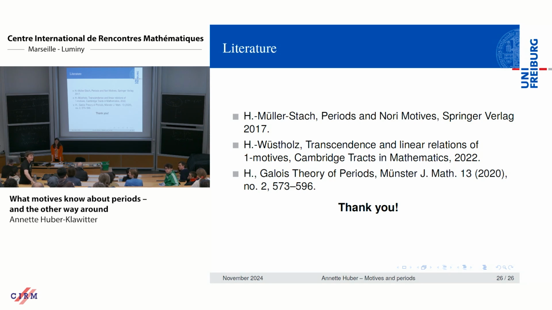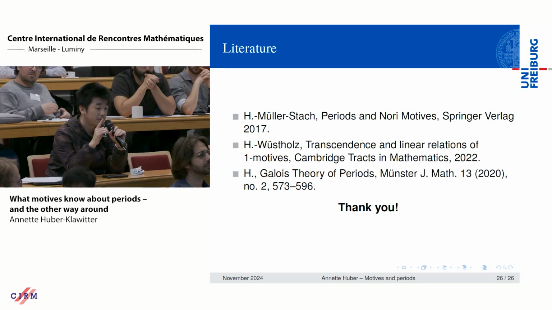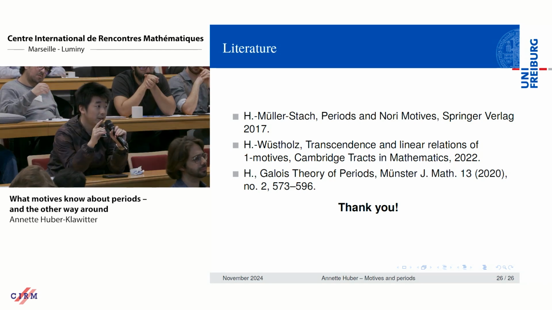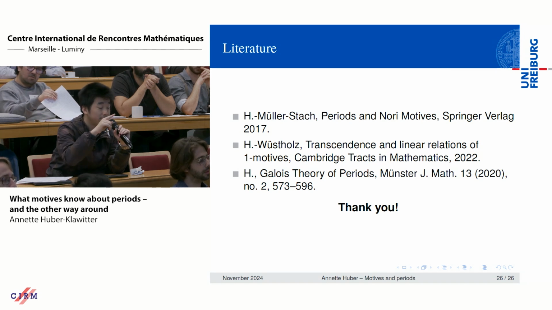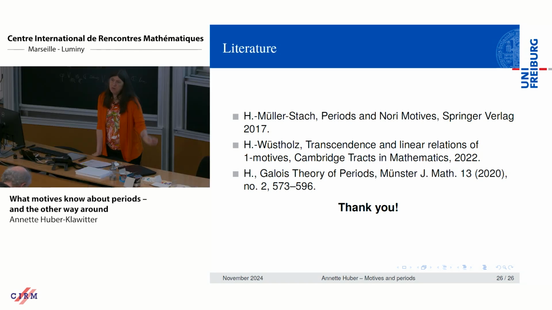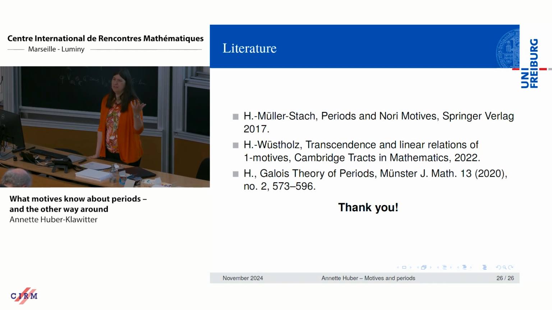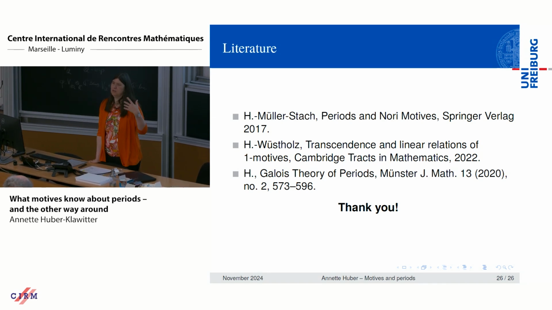So I think for the motivic fundamental group, there should be an action on the periods. Yeah, so if you, I was looking at abelian categories. If you look at tensor categories instead, then you get the motivic Galois groups coming in.